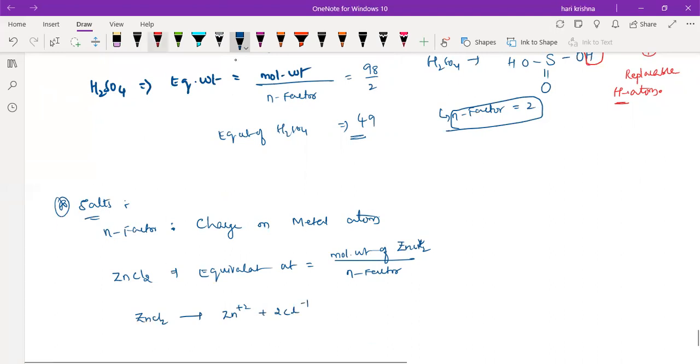What is the charge on the metal atom here?